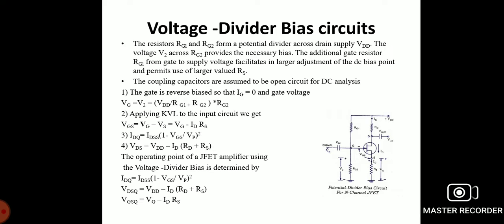So the operating point of the JFET amplifier using the voltage divider bias is determined by IDQ equal to IDSS into 1 minus VGS by VP, whole square. So the VDS is equivalent to VDD minus the drain current into RD plus RS. The gate source voltage is equal to the gate voltage minus the drain current into the source resistance.